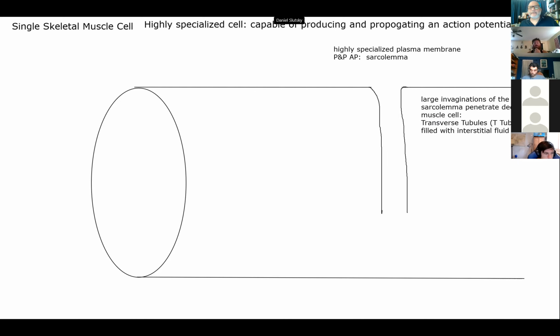We also know that these cells, again, have a nucleus. We know the nucleus is going to be shoved to the side and it has many nuclei. And of course, the third component of any cell is the cytoplasm.